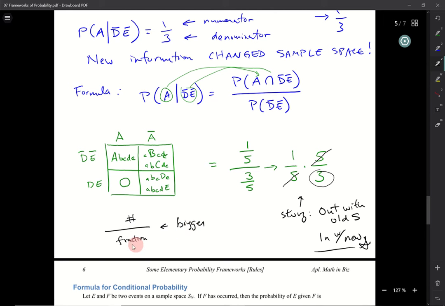But if you divide by a fraction, it gets bigger. So we're taking this probability, dividing by another probability that's smaller, and we get something that's bigger. Does that make sense? Really what it's doing is out with the old sample space and in with the new one, because the new information has changed the sample space.